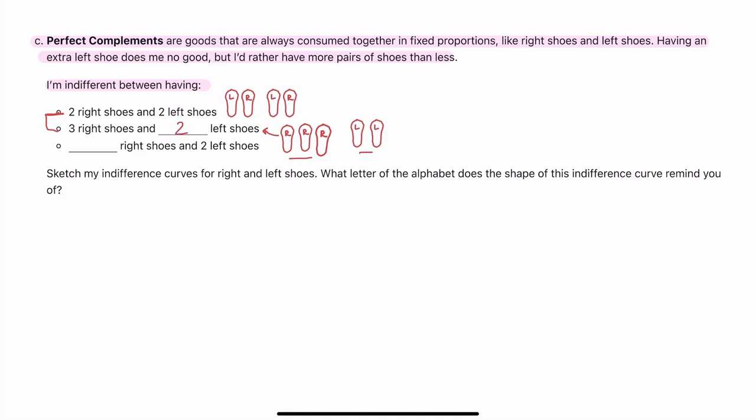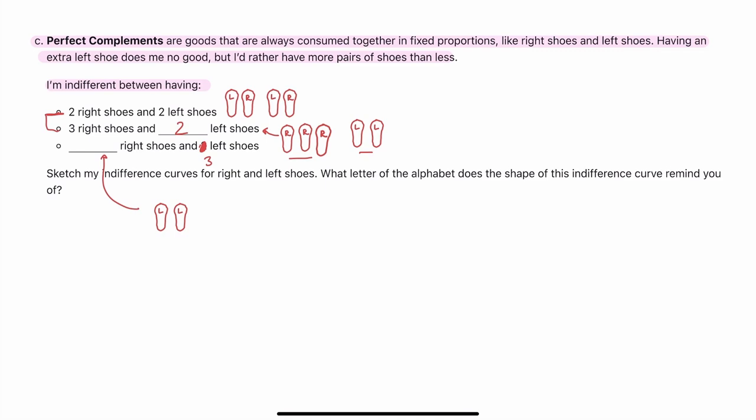And then in this one, I have how many right shoes and 2 left shoes? I'm sorry, this should be 3. This doesn't make sense because that's the problem that we just solved.